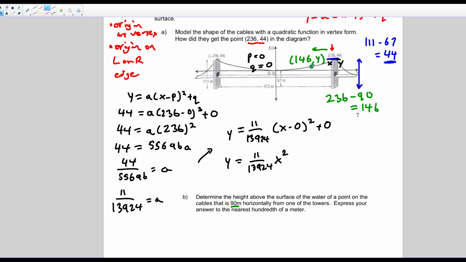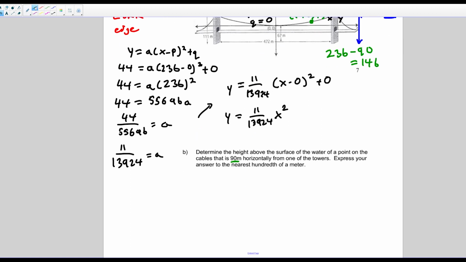And we aren't really sure what that height is, so we're just going to call that Y. So we're going to use this point, 146, Y, and we're going to plug this into our vertex form that we found a little bit earlier back up here. So we get Y is equal to, we're trying to find out what that Y value is. And the whole reason why we are using this X value of 146 is we're going to plug it into this guy here.